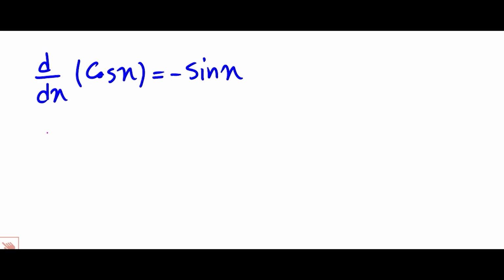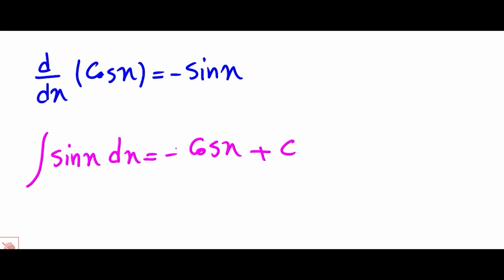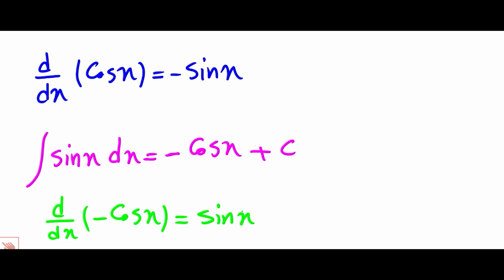So the integral of sine of x dx equals negative cosine of x plus c, where c is the constant of integration. Always check by differentiation. So the derivative of negative cosine of x equals positive sine of x. So the formula is correct.